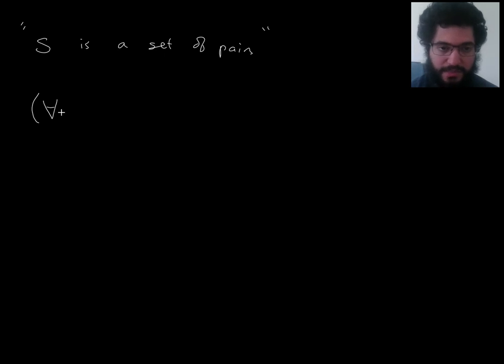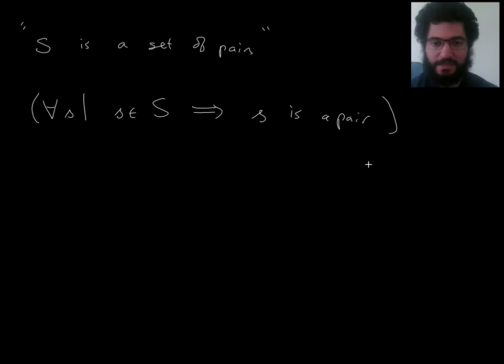So when someone says S is a set of pairs, they are saying all elements are pairs. So for all little s in big S, little s is a pair. This is what it means to say that something is a set of pairs.